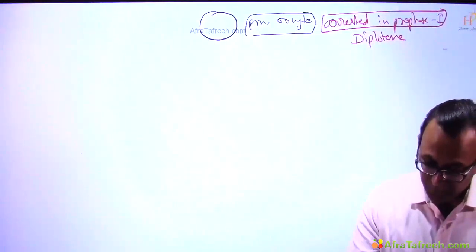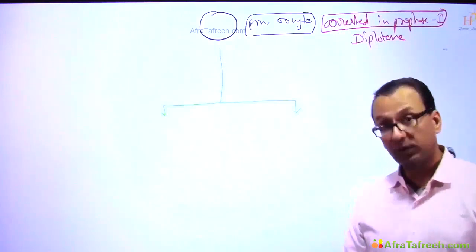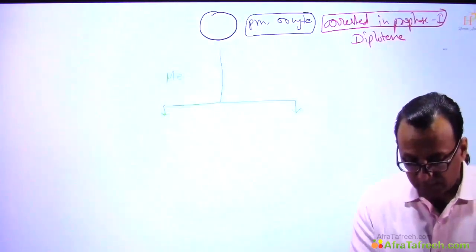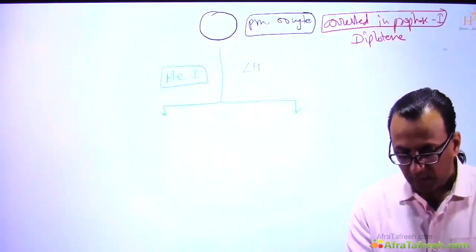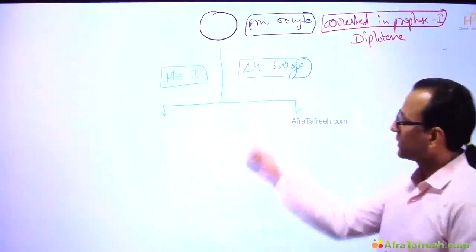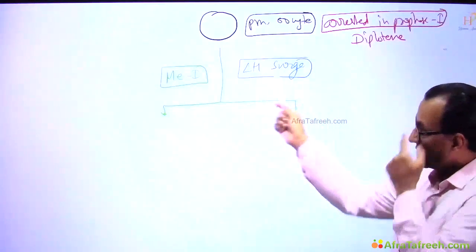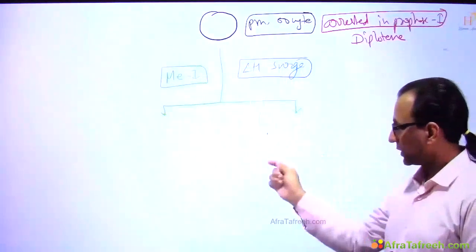And how it will become the secondary oocyte? By undergoing meiosis 1. But for that there is a requirement. You must have what is called as LH surge. So once the girl will achieve puberty, she'll start having LH surge. Then only the primary oocyte will become secondary oocyte.